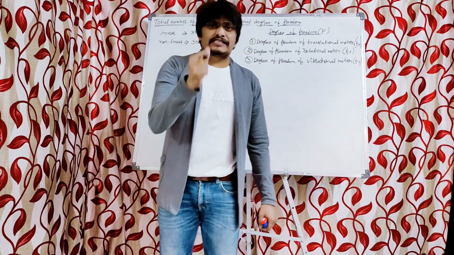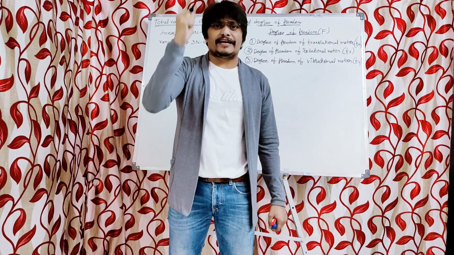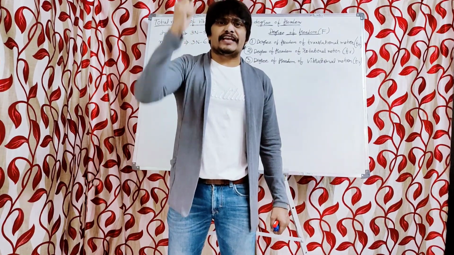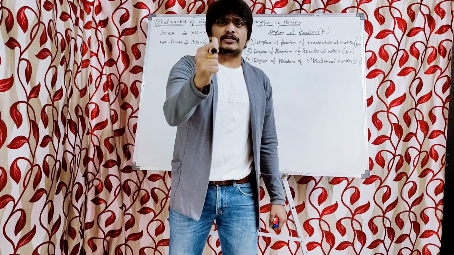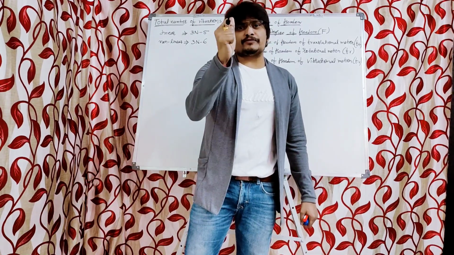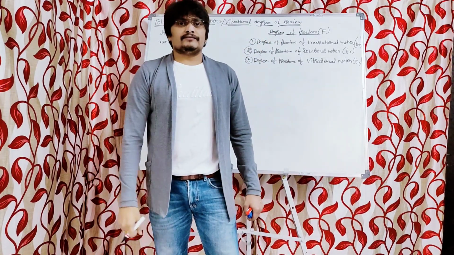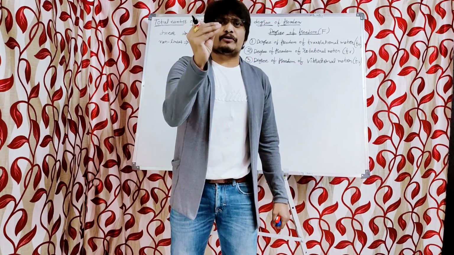I am going to discuss why 3n minus 5 should be used for linear molecules and 3n minus 6 for non-linear molecules. You have to understand the concept behind it.